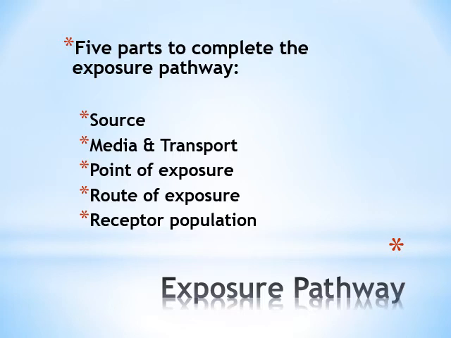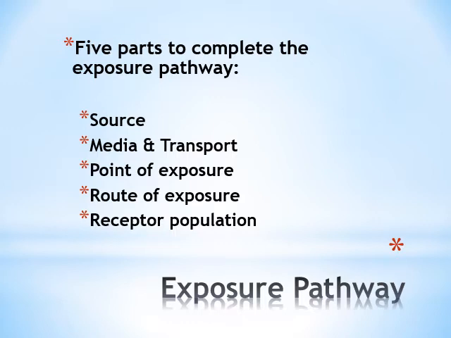So point of exposure. This is the point or place where someone comes in contact with the contaminated medium. So the point of exposure can be an actual place, such as a home, a playground, a business, a lake, or it can be more of a point, such as a cloud of diesel fumes or eating a meal that contains contaminated fish.